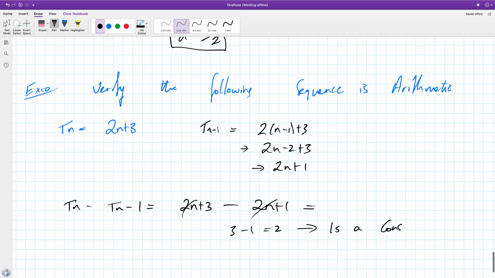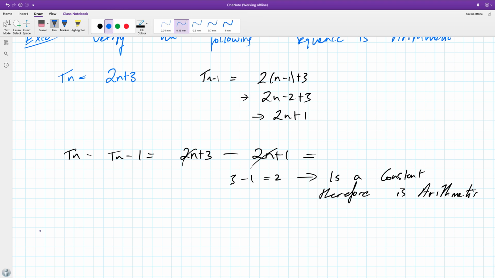Therefore it is arithmetic. It is a constant, therefore it is arithmetic. Right, I'll go with another one of these. Check and see if the following sequence is arithmetic. Tn is equal to 2n minus 5. Off you go. Check and see is that arithmetic.